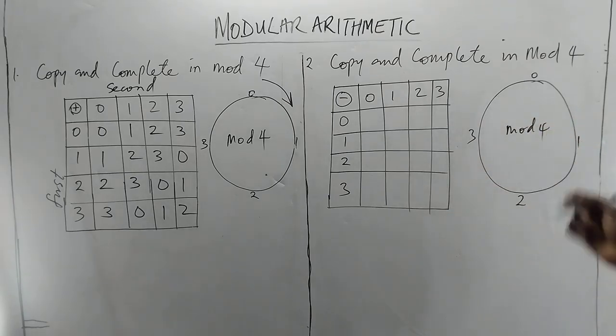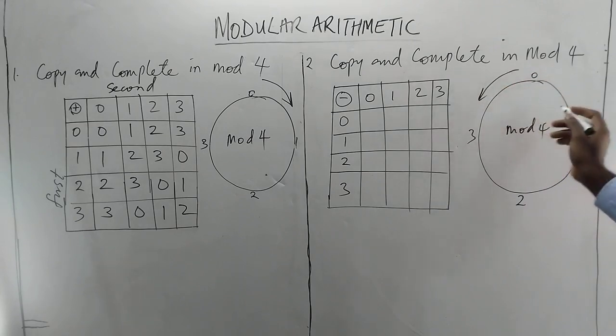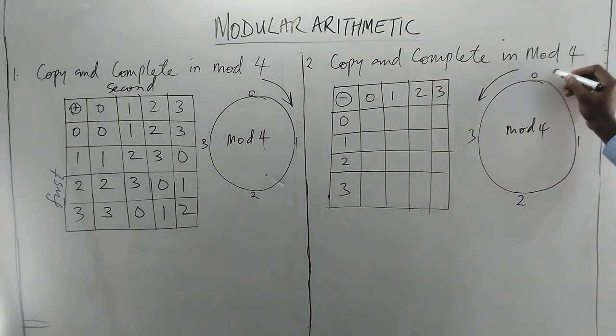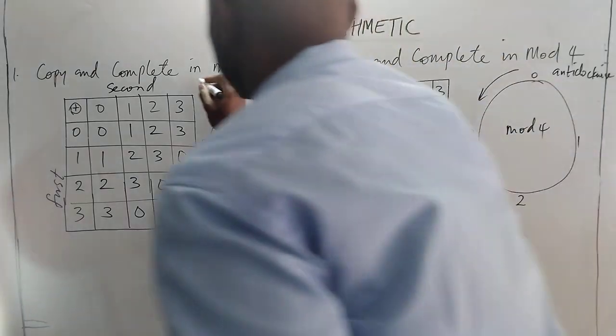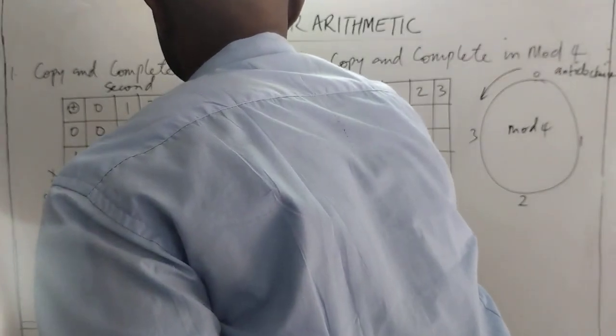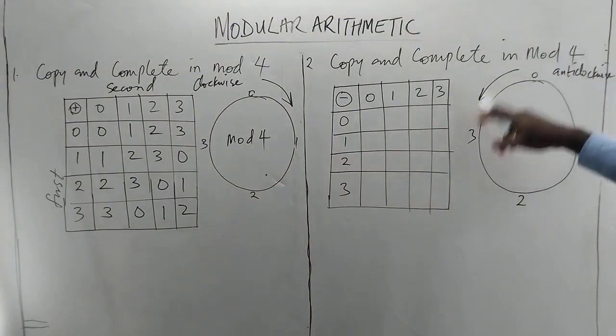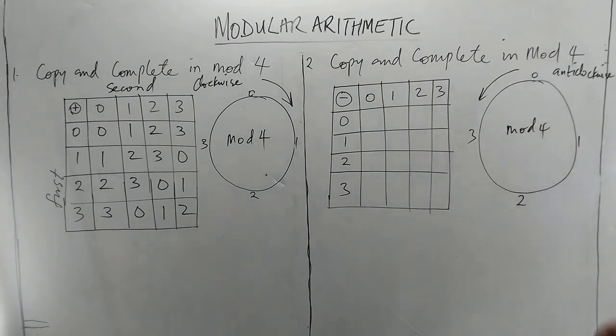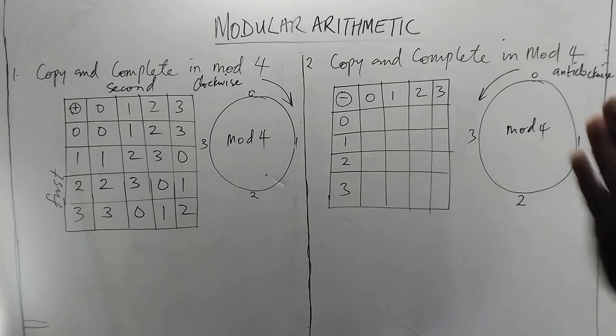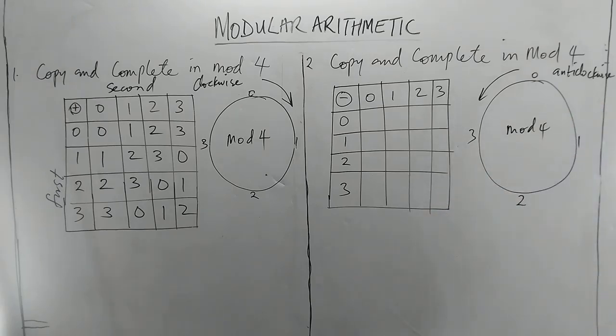For subtraction, we move anti-clockwise. Anti-clockwise. Why is this one clockwise? Clockwise movement. This one is anti-clockwise. That's the only difference, but the same approach.